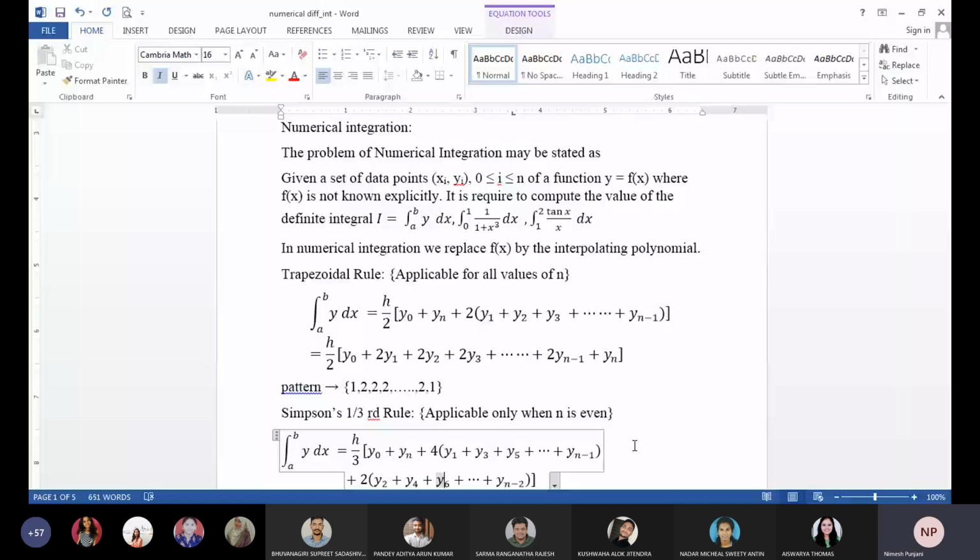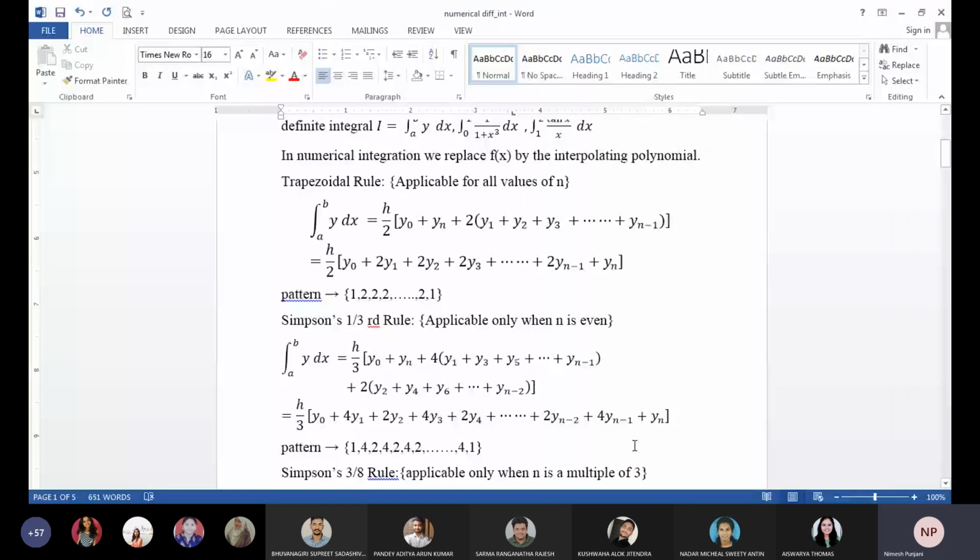Simpson's 1/3, this is another formula. Simpson's 1/3 is applicable only when n is even. Trapezoidal is applicable to all values of n. So what is the formula for 1/3?